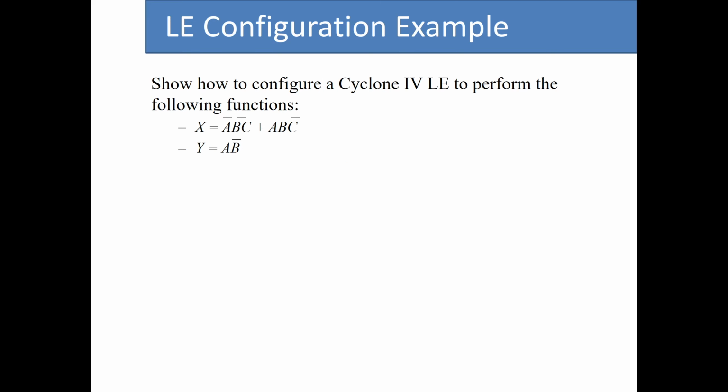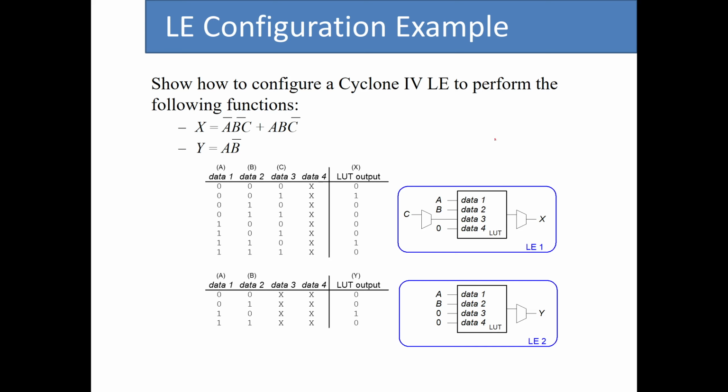So let's take a look at this example. We want to show how we can configure a logic element in this FPGA to perform the following functions. We have X equal to A bar B bar C plus A B C bar, and we have Y equal to A B bar.